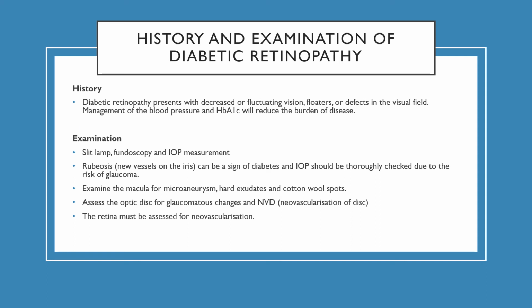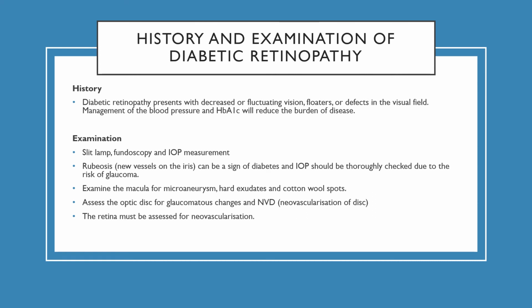A patient who's come in with diabetic retinopathy will have a history of decreased or fluctuating vision, floaters, defects in the visual field. They are commonly known to the ophthalmic team and opticians, as they are, over a period of time, due to poor control, increasing their chances of having more proliferative diabetic retinopathy.